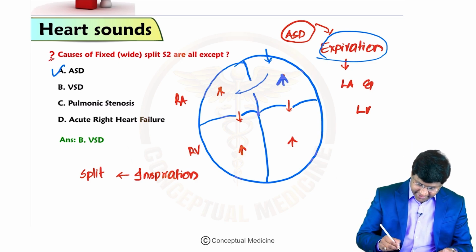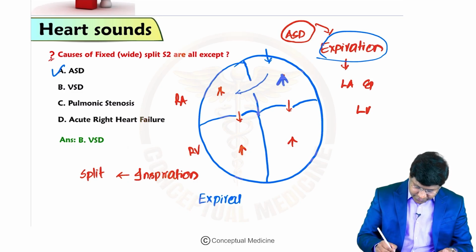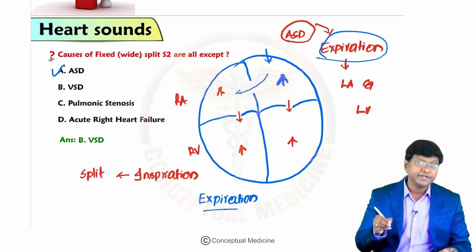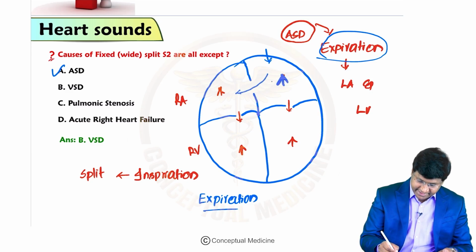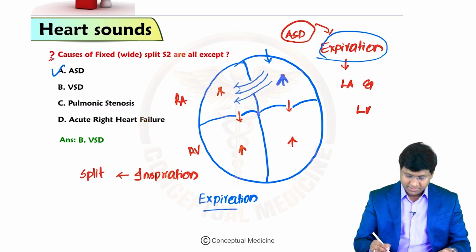That means what? In patients with ASD, even during expiration, there is increased quantity of blood on the right side of the heart. So thereby what will happen to your P2?